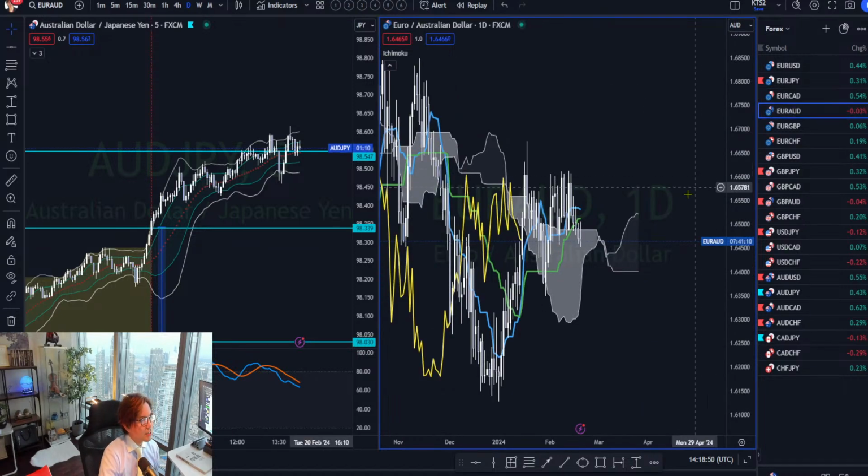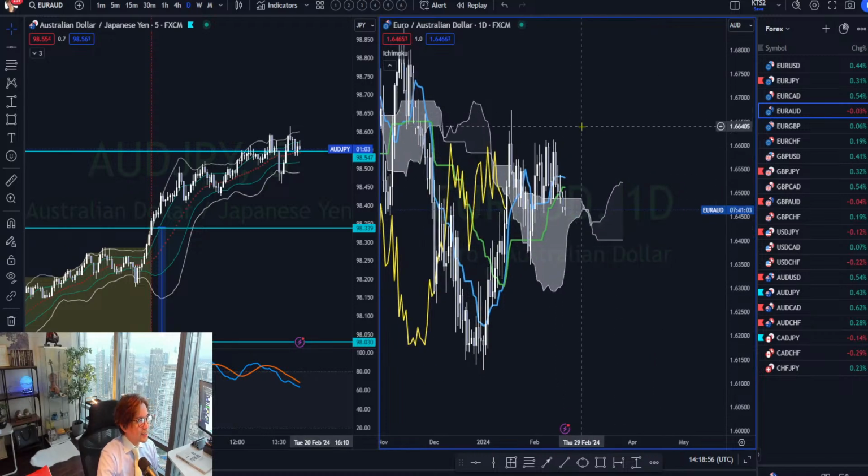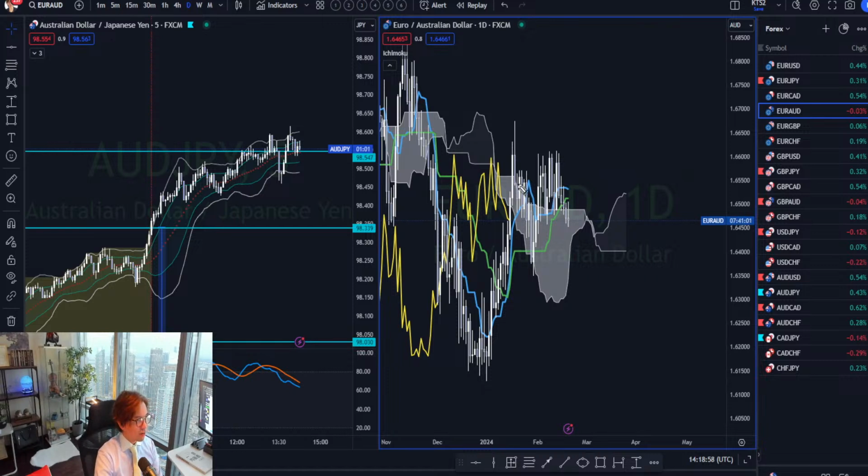So let me share some more examples. Euro AUD is also flat range because the price is now within the Kumo. So as soon as I see the price within the Kumo, then I don't look for entry opportunities. And Chikou Span is touching too on the daily time frame.